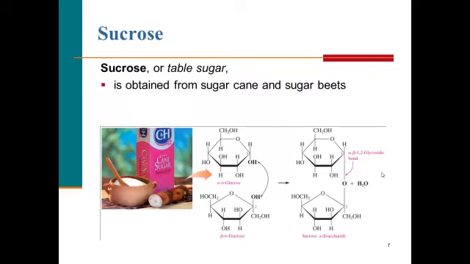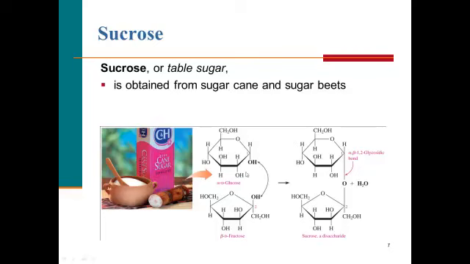The third disaccharide we're going to talk about is the molecule sucrose, which is also known to you all as table sugar. It's obtained from either sugar cane or sugar beets, and it's the joining together of an alpha D glucose with a beta D fructose molecule.